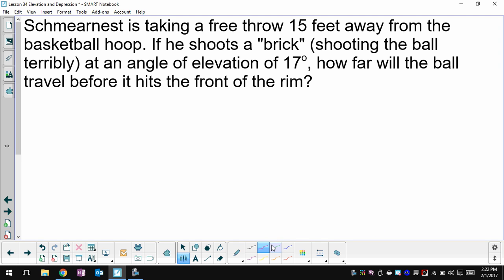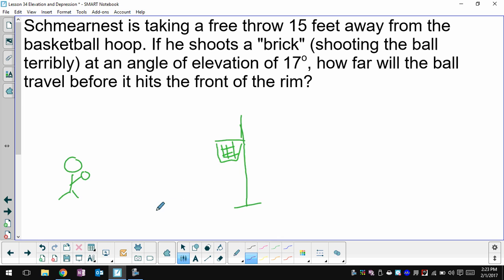So I've got this guy, Schmearnest. And Schmearnest is a basketball player. So we can try and draw a little basketball hoop. Again, doesn't have to be pretty, but you can have fun with it if you like that. And we see that he is 15 feet away from the basketball hoop.